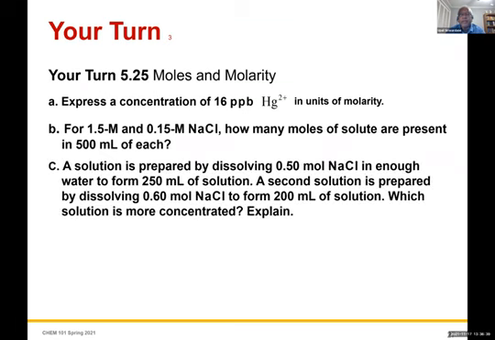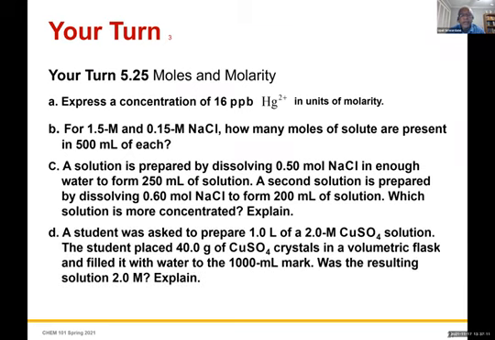Thirdly, a solution is prepared dissolving 50 moles of sodium chloride in 250 milliliters. And second solution is 0.6 moles sodium chloride in 200 milliliters. You calculate the molarities of the solutions and compare which concentration is higher.